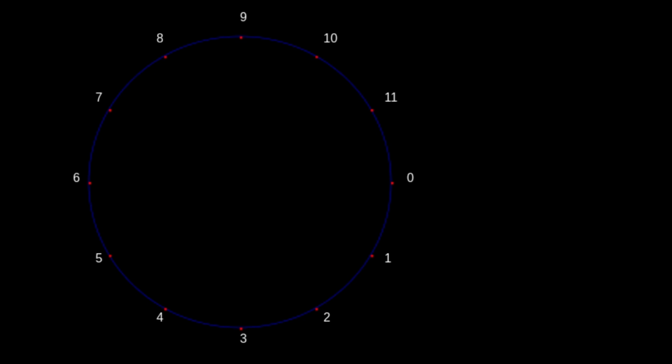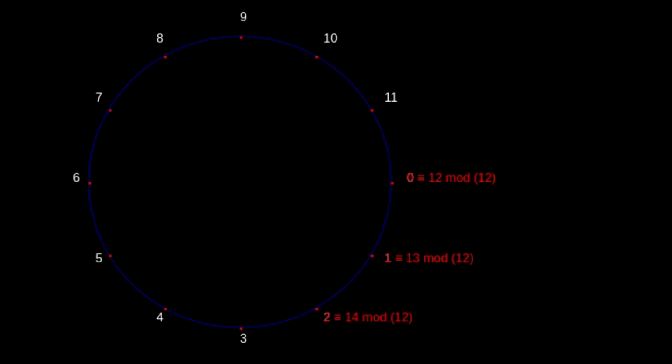Since there is no more space left for 12, it will go and sit along with 0. In other words, 0 and 12 are the same point here. We treat them as equivalent. The next point, 13, will go and sit with 1, and 14 would be with 2.